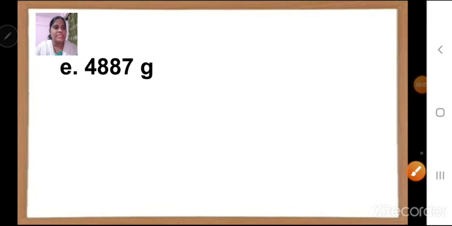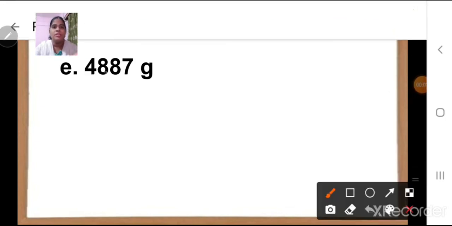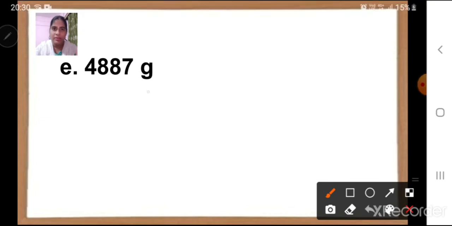Children, next is E, 4,887 grams. Now children, here we have to convert this into kilogram and grams, correct? So here we have to expand the number in thousands place. So first step is to expand the number. 4,887 grams is equal to, which number is in thousands place? Number 4, correct?